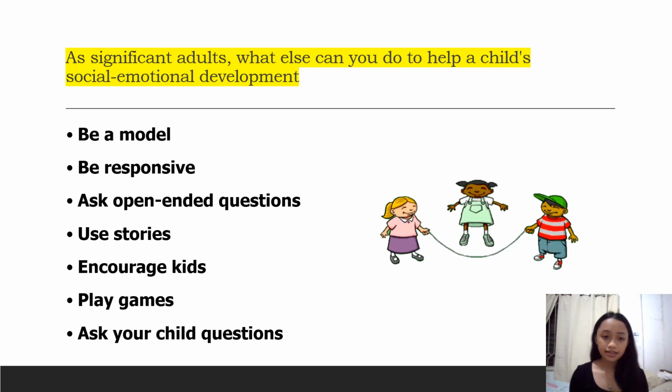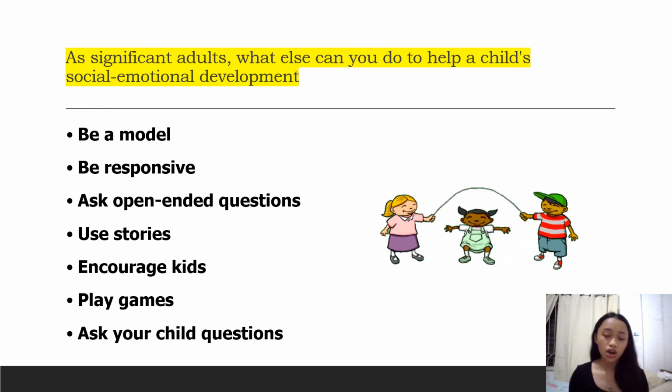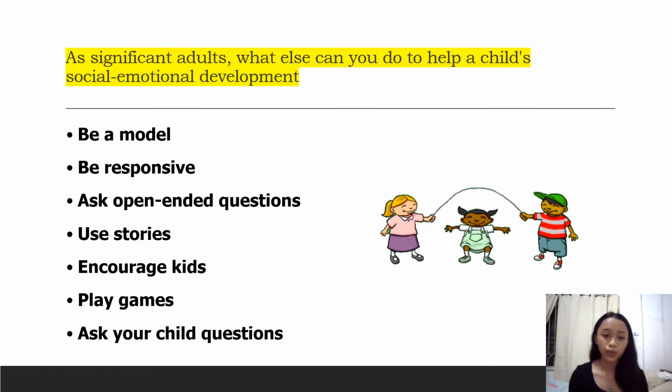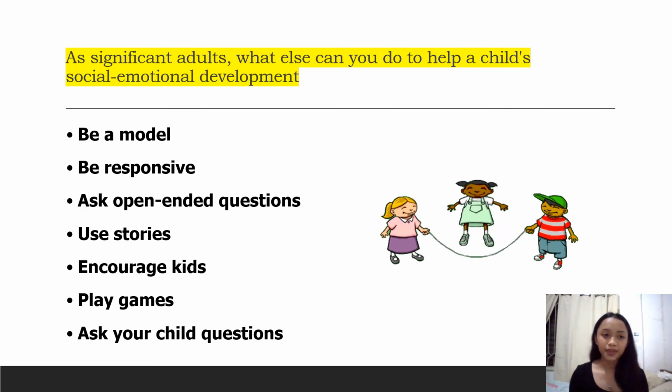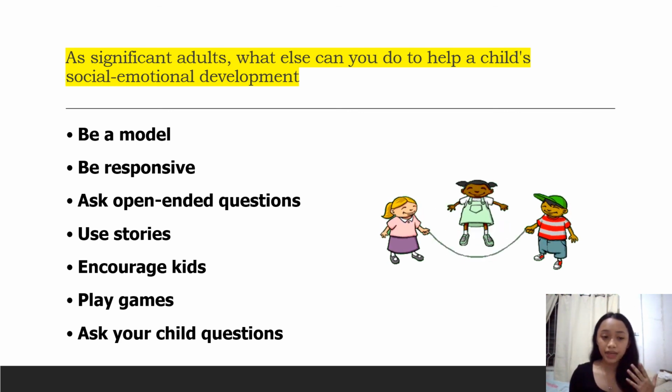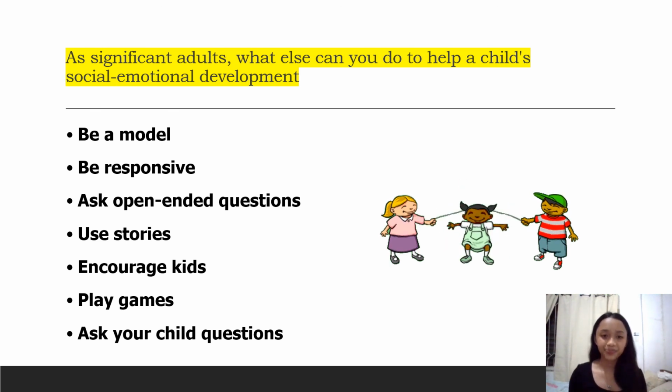Next is ask open-ended questions, such as what will you do, to help develop problem solving skills. Because when they are young, it is very important that the problem solving skills they have are developed since they are children. I mean, they should be developed when they are younger because it will be easier for them in the future.